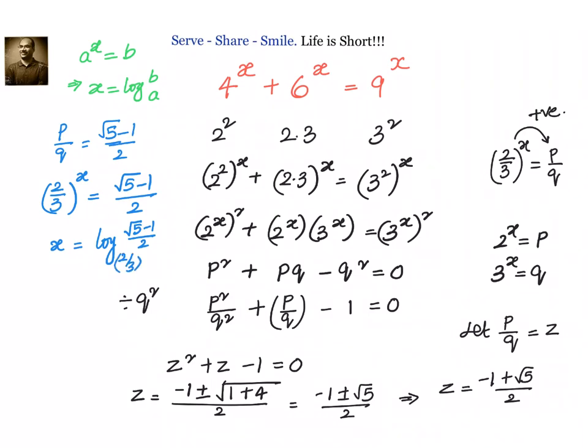We can simplify this now. We can write it as log of (root 5 minus 1) minus log 2, divided by log 2 minus log 3. We can leave it here, or we can plug in the values in a calculator.